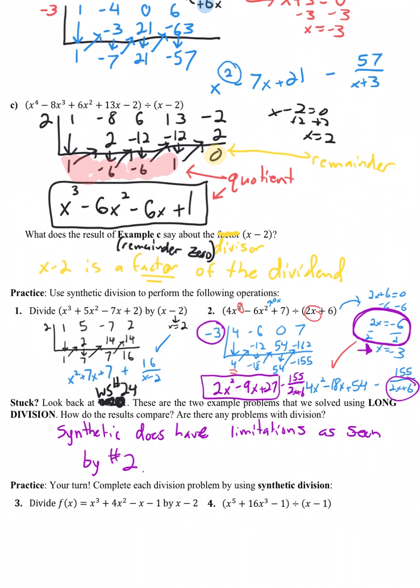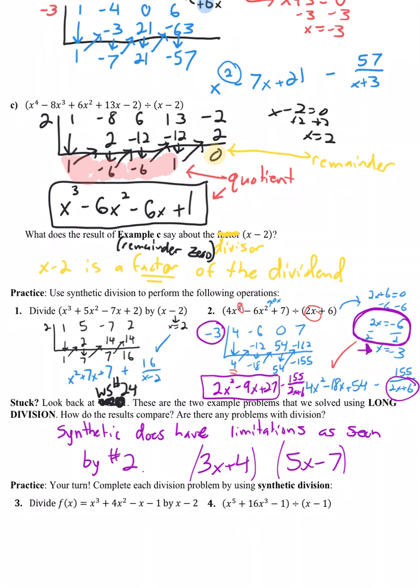So we would technically need to divide all those by 2 at the end to get the correct quotient answer. That's one way we could deal with that. But it can get really tricky if we had something like a 3x plus 4 or a 5x minus 7 and we were trying to divide by one of those. It's going to keep getting tricky. So for those types of problems, it might be better just to stick to polynomial long division instead of synthetic division. All right, and that way we won't get any mistakes on the polynomial long division.